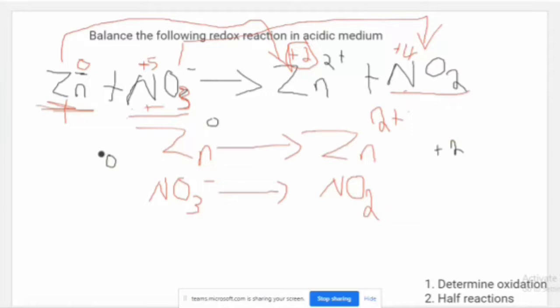So now what do you do to balance charge? For you to balance charge, you have to add electrons. So maybe I can write this point here. To balance charge, add electrons.